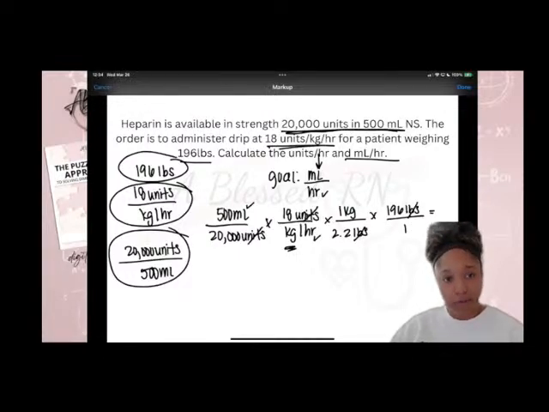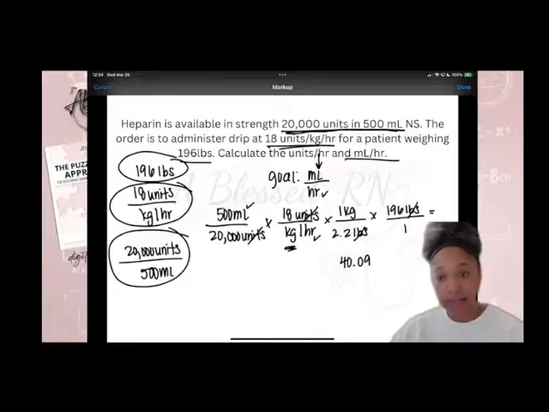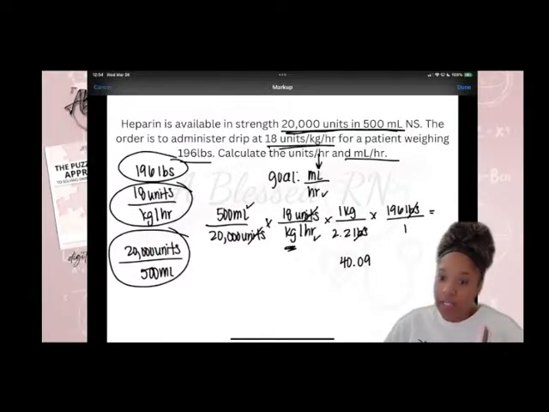Now you can do your math, okay? So 500 times 18 times 196 divided by 20,000 divided by 2.2 is going to equal 40.09. If this asked us to round to the nearest whole number, what would our answer be?